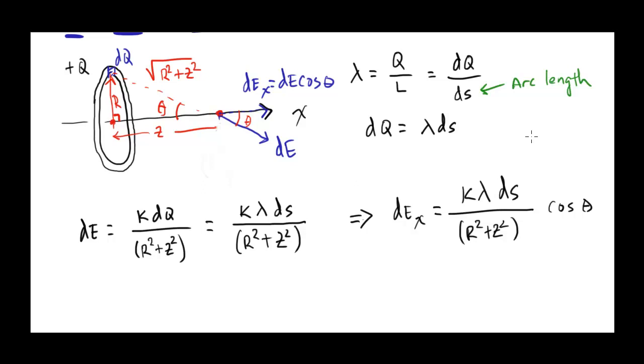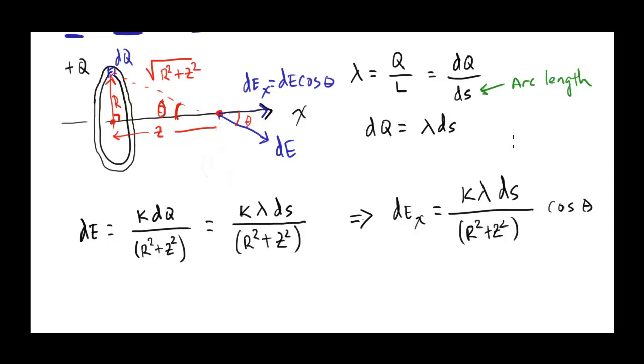Now, it's going to be hard to integrate a theta value here. I've got cosine of theta, and I don't want to integrate it with respect to ds. They have different dimensions, so that's not going to work. But maybe I can express cosine theta in terms of a length, and I think you might be able to see that we can do that, recognizing that this is theta right here, and theta is adjacent over hypotenuse.